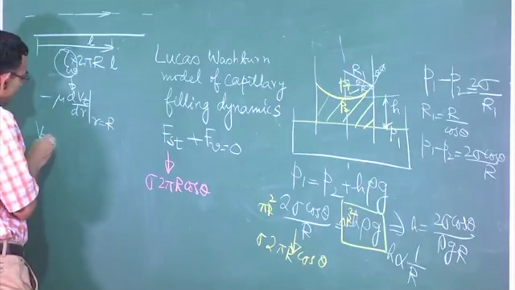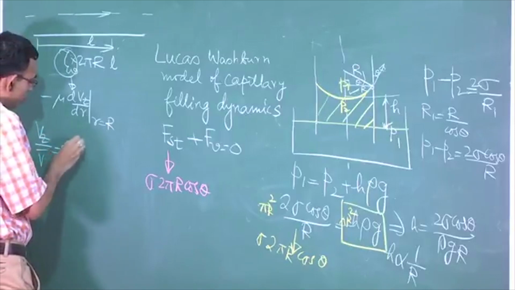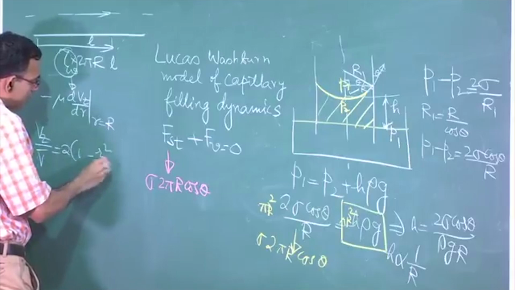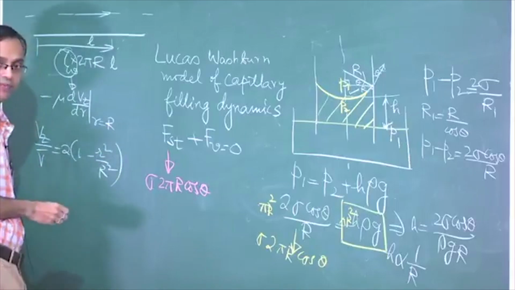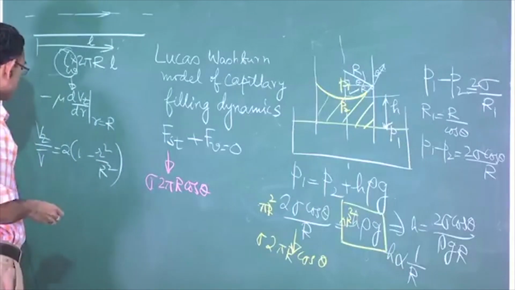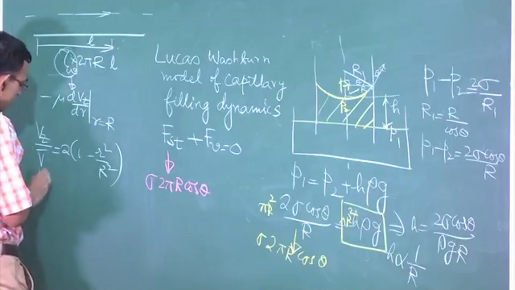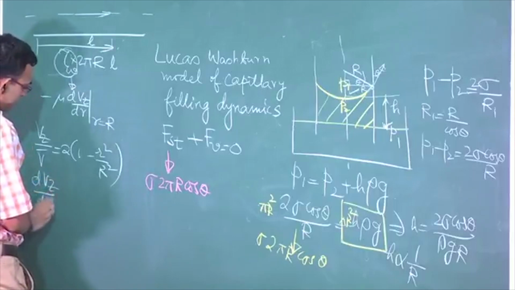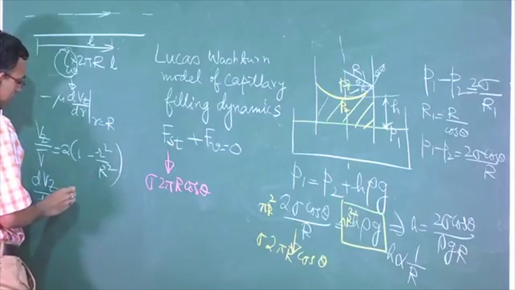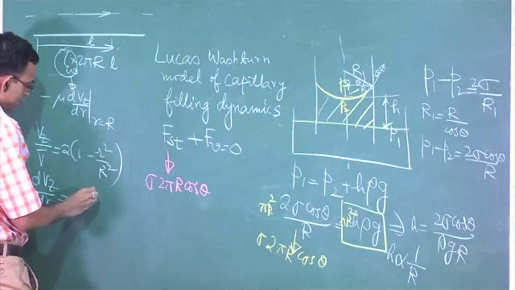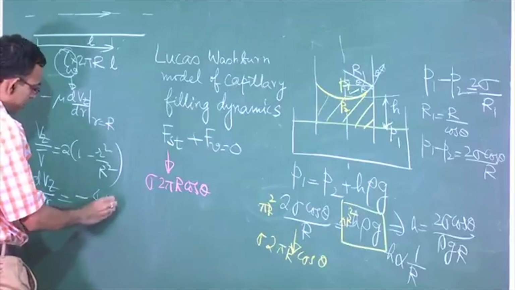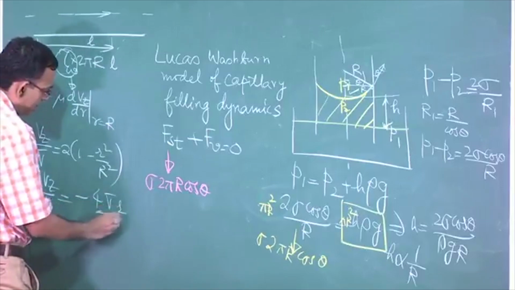So, Vz by V average is equal to 2 into 1 minus r square by R square, this formula we derived in the previous lecture. So, dVz dr is equal to minus 4 V average small r by R square.